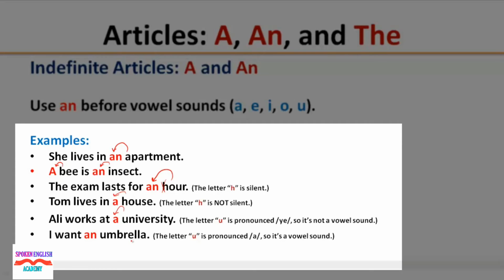The word umbrella starts with the letter U, but it is pronounced uh. Uh is a vowel sound, so it is preceded by an: an umbrella. So be careful. Choose a or an because of the sound, not because of the spelling, as in a university and an umbrella.